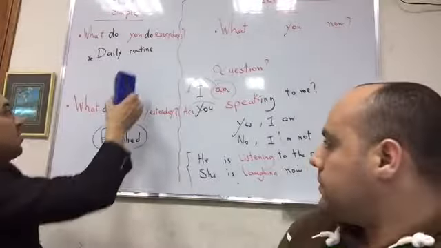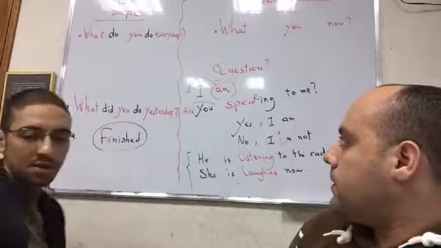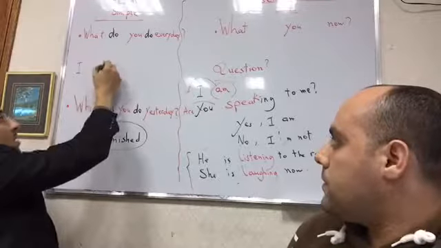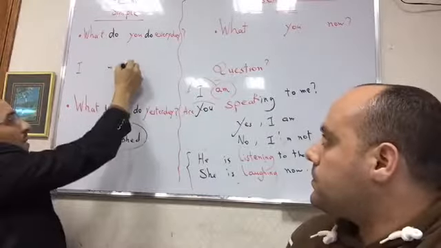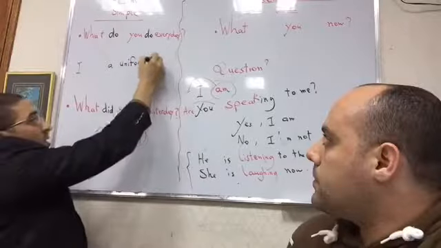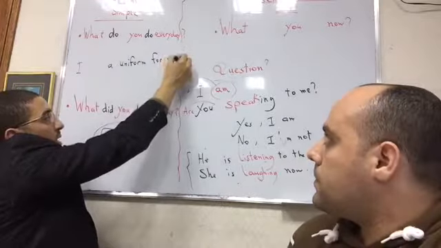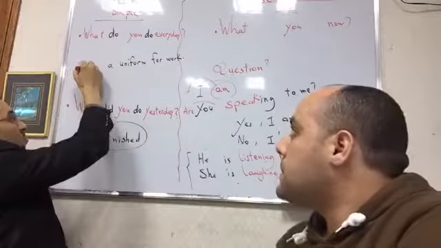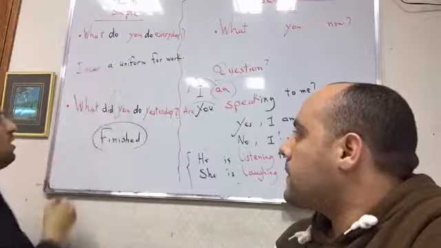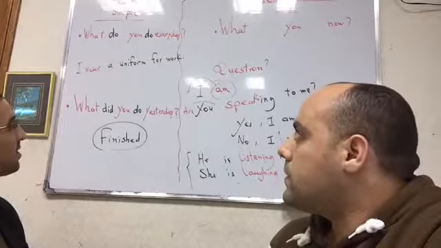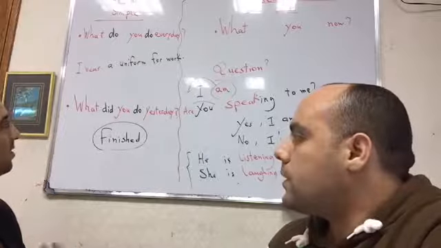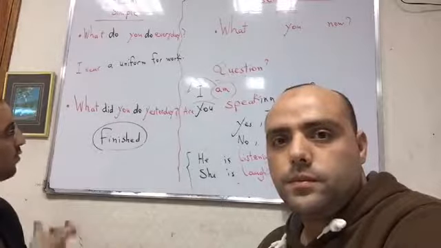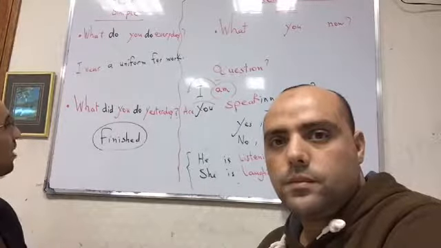For example, if I say I wear a uniform for work, the verb is wear. This means that this happens every day. It is something simple, something repeated on a daily basis throughout the week.